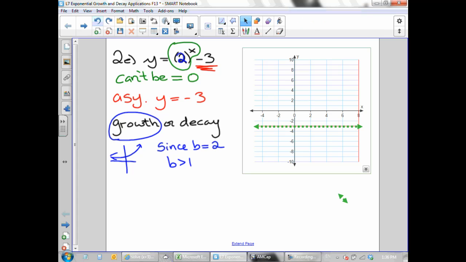It's really easy. We're going to use the y-intercept. The y-intercept, by definition, happens when x equals 0. So I'm going to put x equals 0 in this equation.